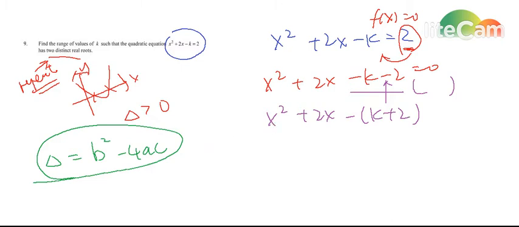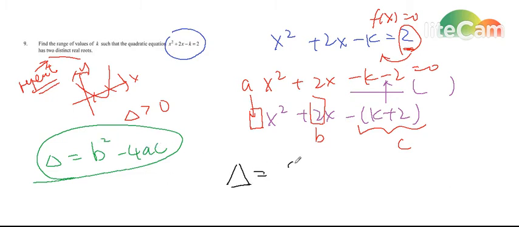If you remember, the number in front of our x squared, we call it a, and in front of the x we call it b, and the constant value we call it c. So here we have the delta equals to b squared minus 4ac.